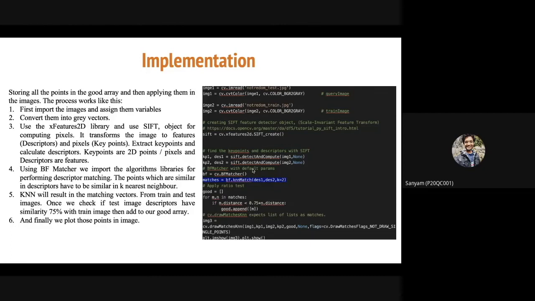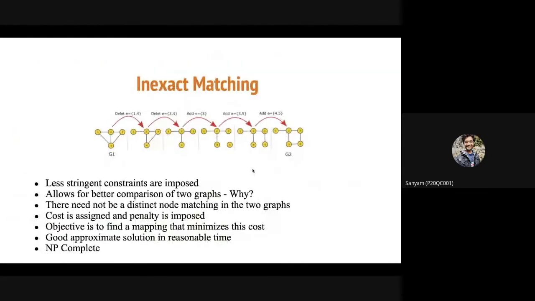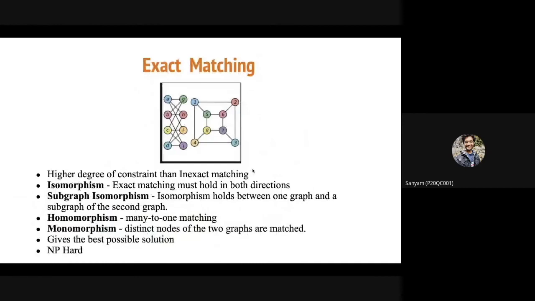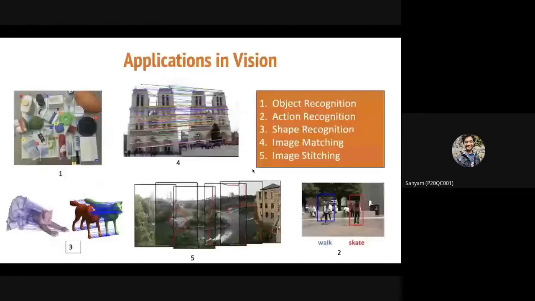Basically, the good array is the final array which will contain the matches or the similarity ratios. But the main thing to focus on is this 75% parameter. This parameter defines how we will perform the matching. As we discussed in earlier sections, that is exact matching and inexact matching, we will perform exact matching and inexact matching by this parameter.